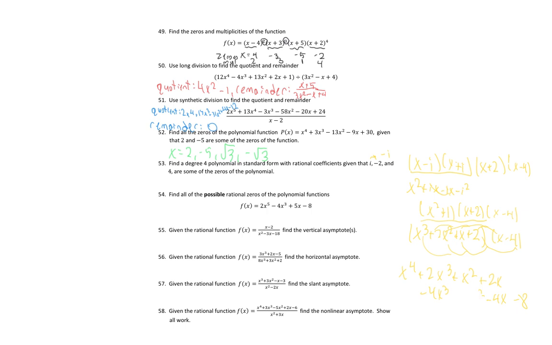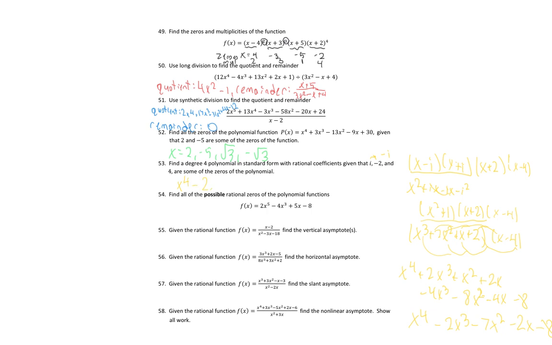Minus 4 times 2x squared would be minus 8x squared. So whenever I add all this together, x to the fourth, minus 2x to the third, minus 7x squared, minus 2x, minus 8. And that is my final answer. That is a polynomial of degree 4 with rational coefficients, with i, negative 2, and 4 as the zeros of the polynomial.